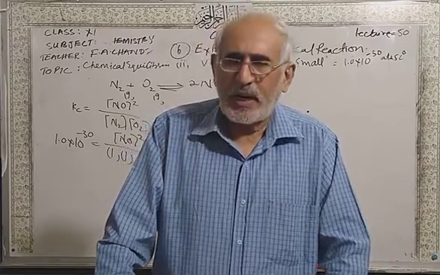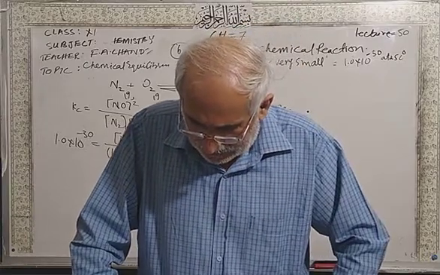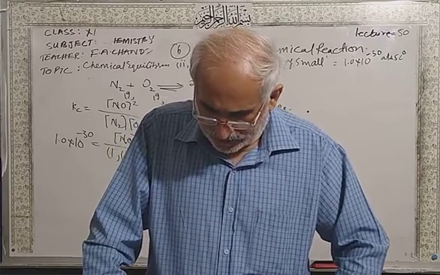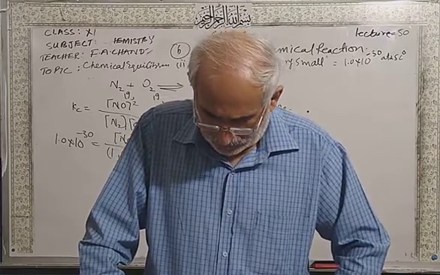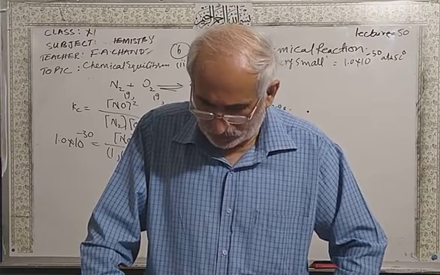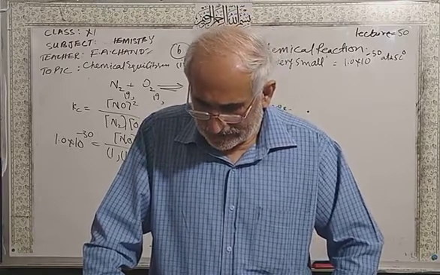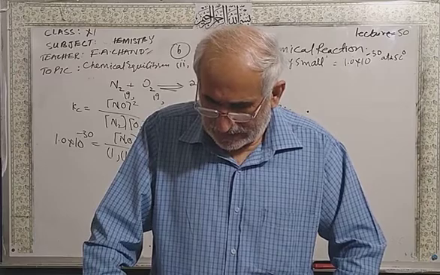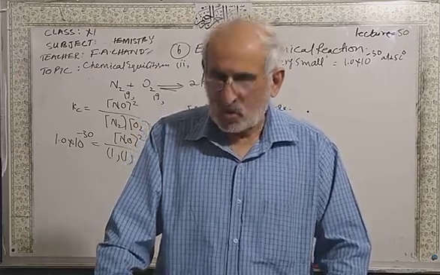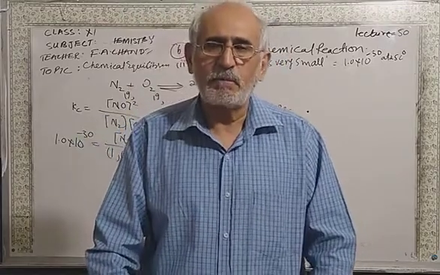Suppose concentration of dinitrogen tetroxide is 1, then after taking the square root of both sides, you will get the concentration of nitrogen dioxide as only 0.6 moles. 0.6 moles are there. So this indicates that at equilibrium, neither the forward nor the reverse reaction goes to completion. The reaction is in equilibrium.